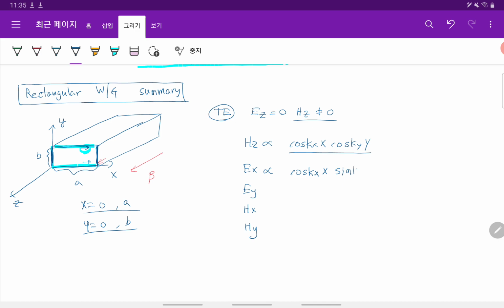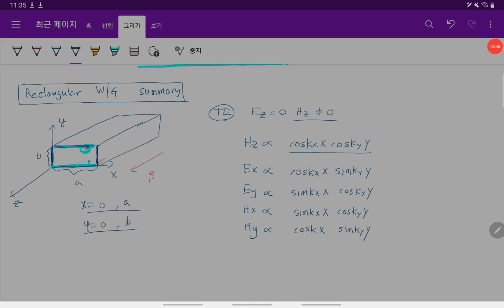So this is sine ky y. Ey should be opposite. Hx follows an opposite trend to Ex, so it should follow sine kx x cosine ky y, and Hy has the opposite trend, so it's cosine kx x sine ky y.